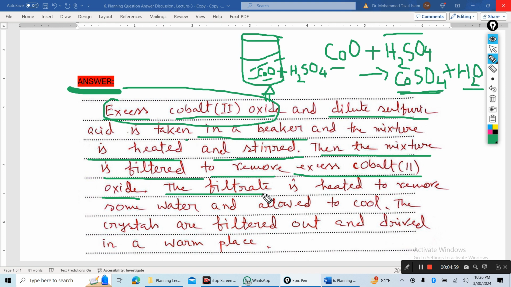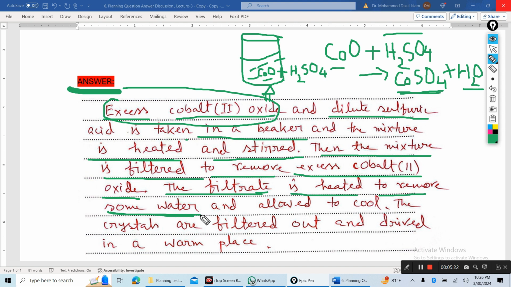After filtration, the filtrate is heated to remove some water, or you can write the filtrate is heated to the crystallization point. At a certain point, cobalt 2 sulfate crystals will start to form.